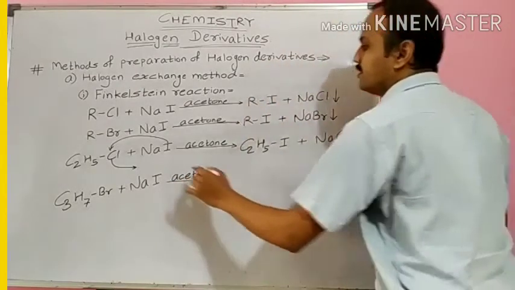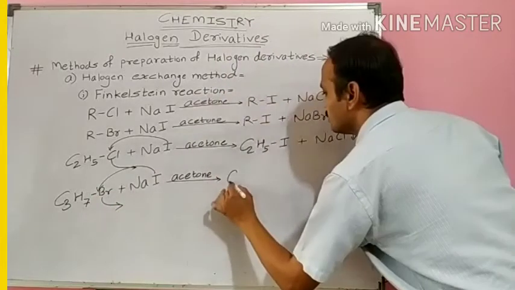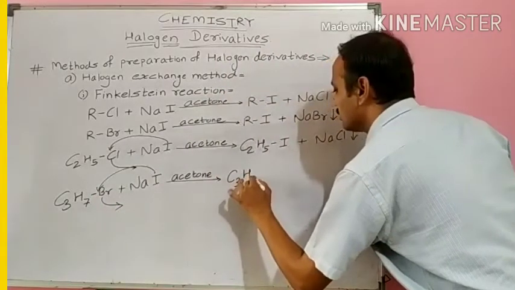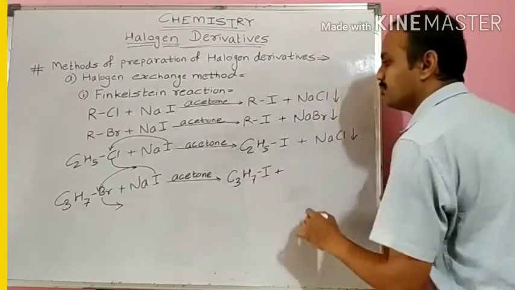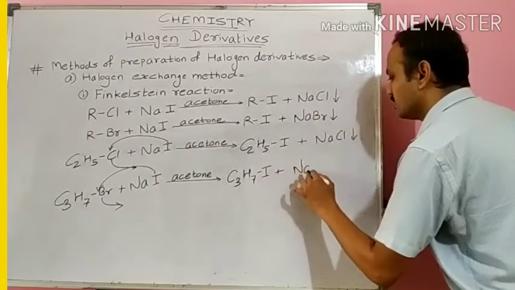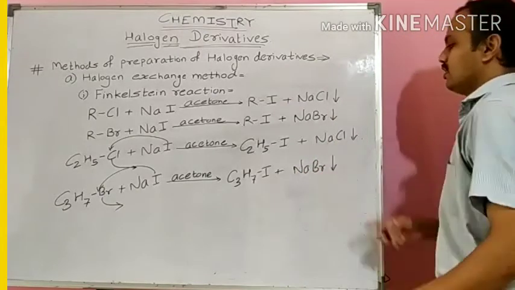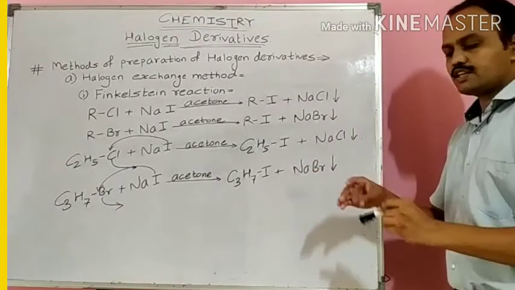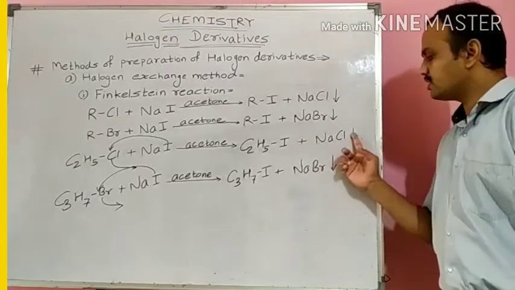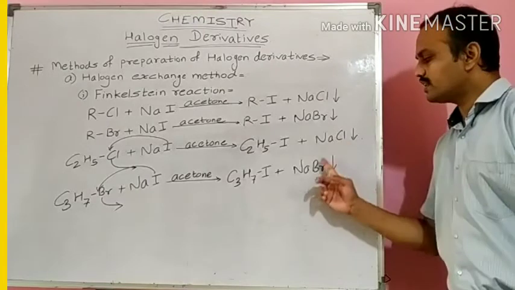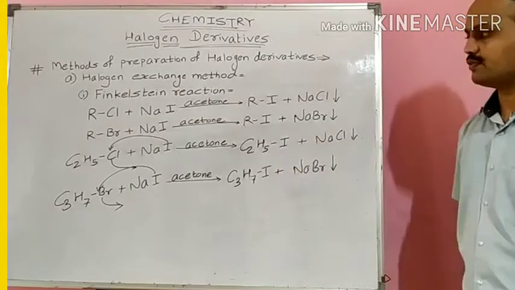Exchange of halogen takes place, and we get C3H7I plus NaBr. I told you in this reaction NaCl and NaBr, these byproducts we obtain in the form of precipitate. We can separate them from our main product by filtration.